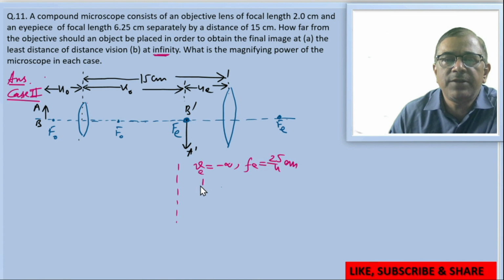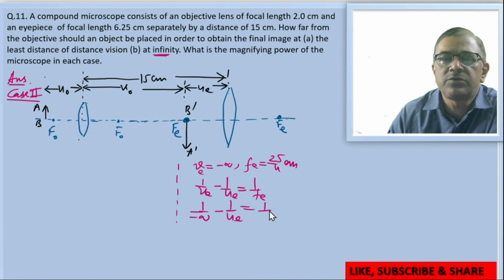Use lens formula, so 1 by VE minus 1 by UE is equals to 1 by FE, and this is equals to infinity minus infinity. UE is to be calculated, and this is equals to 25 by 4.